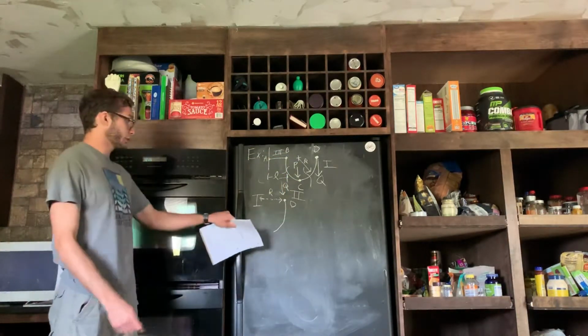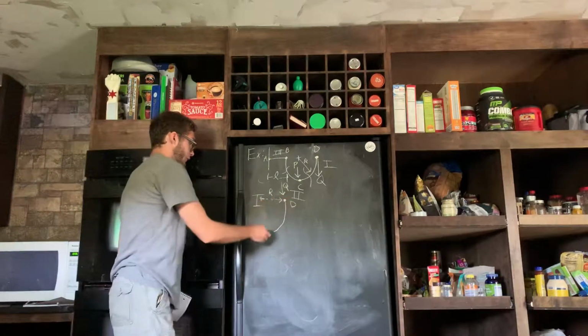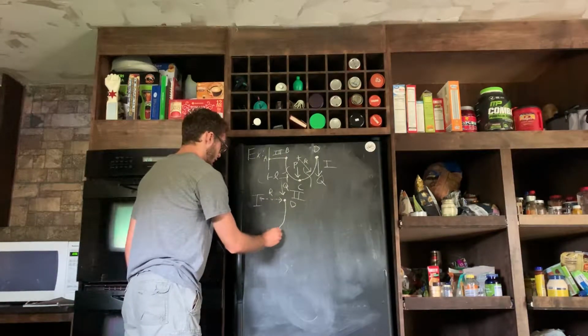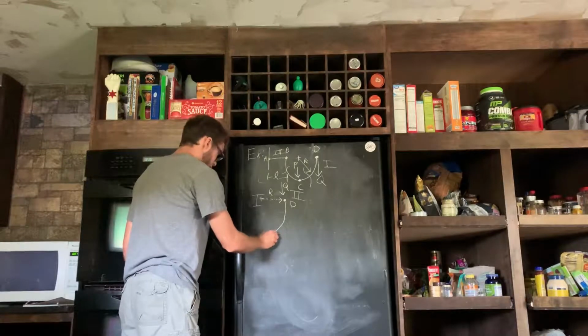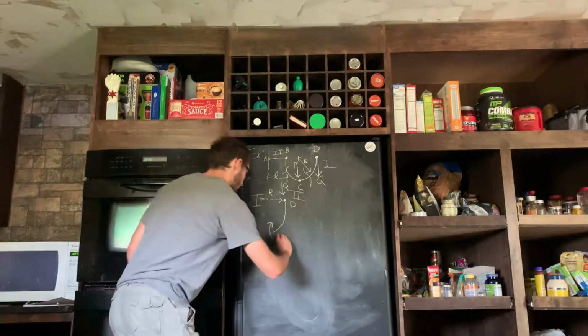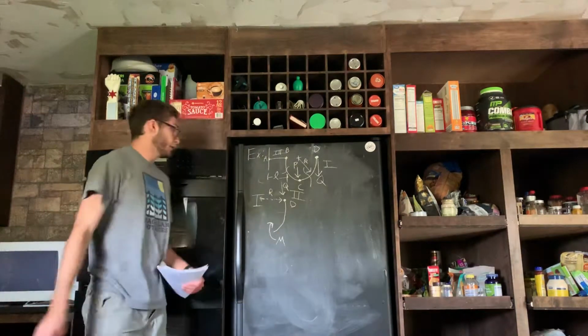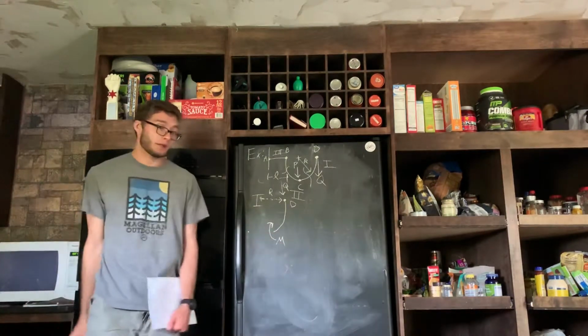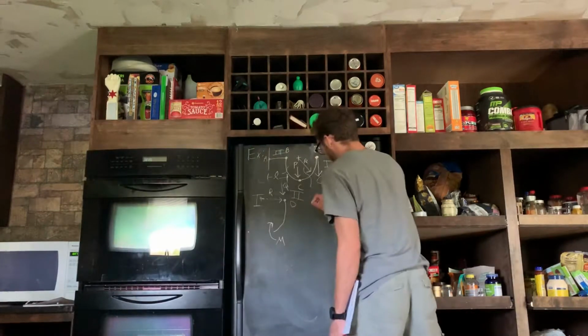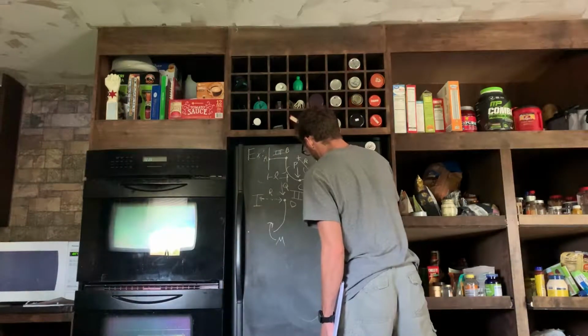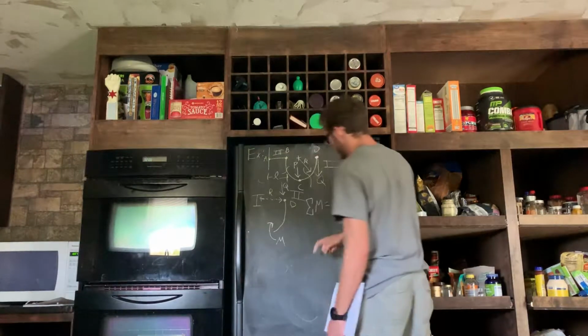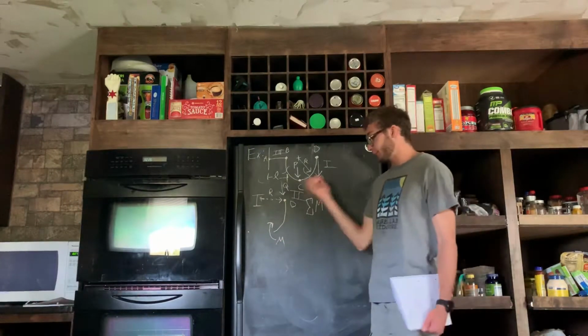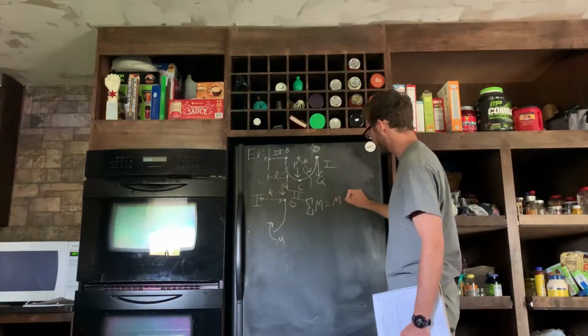So now what we're going to need to determine is the moment right here, and put our moment clockwise so it's positive. We need to determine the sum of the moments so we can figure out what this moment is exactly. So the sum of the moments is equal to... Right away we know that moment is positive.